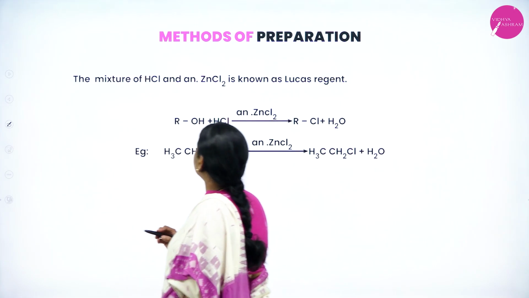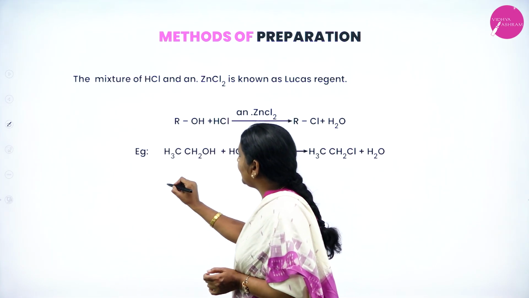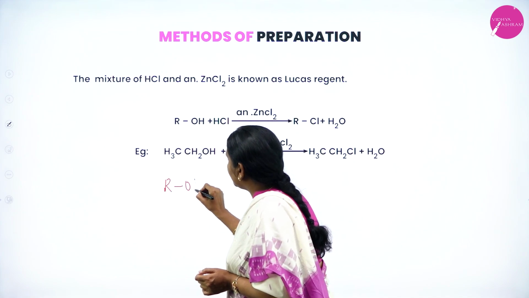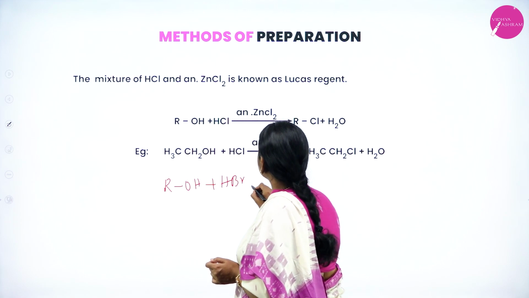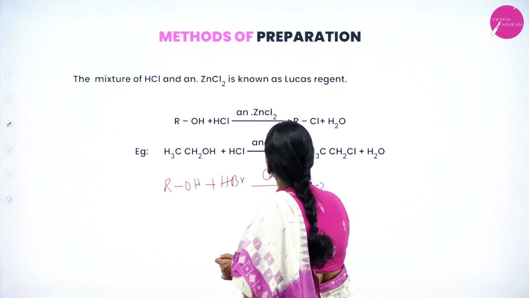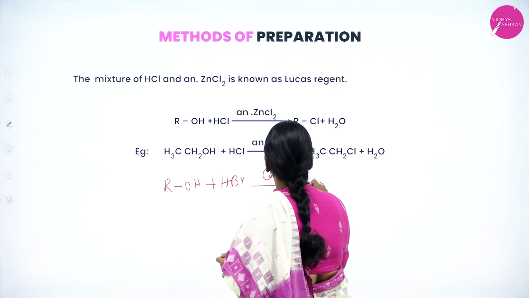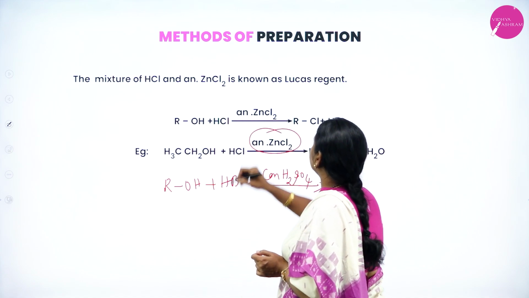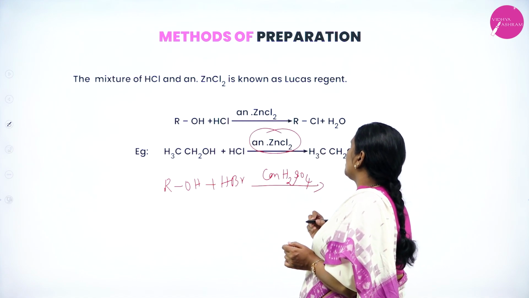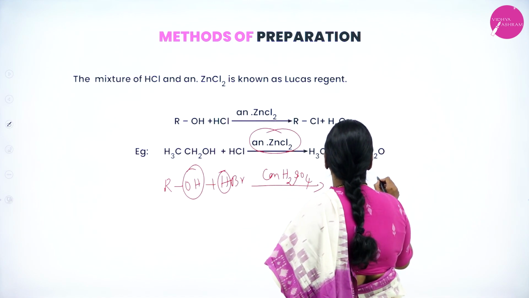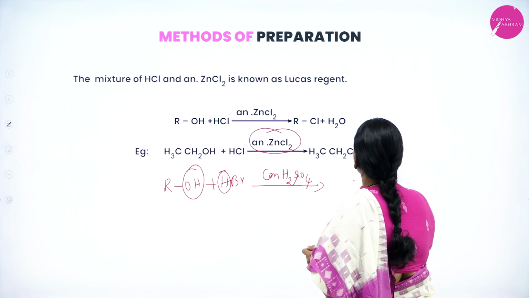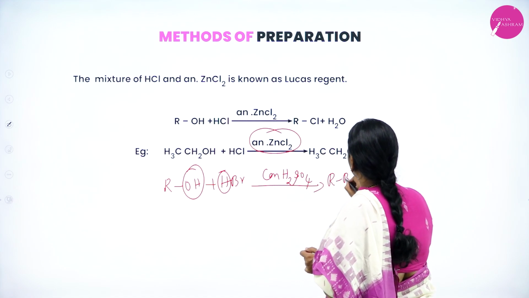Now, similarly, can you tell me how do you prepare alkyl bromides? Same, take ROH. For alkyl bromides, you add HBr in the presence of concentrated H2SO4. Instead of anhydrous zinc chloride, I will take concentrated H2SO4. Here OH, here I will remove H. It will give rise to H2O plus RBr.